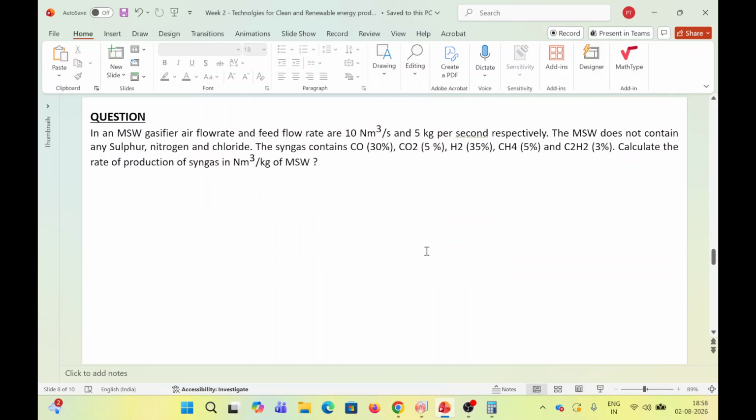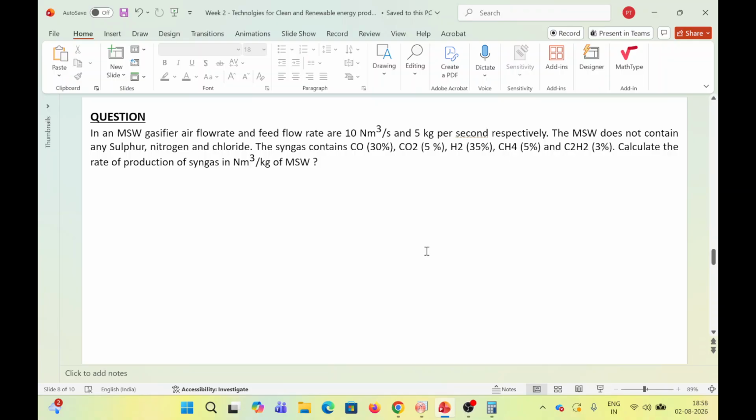Second question: in a gasifier, air flow rate and the feed flow rate are given as 10 Newton meter cube per second and 5 kg per second respectively. The municipal solid waste contains no sulfur, nitrogen or chloride.